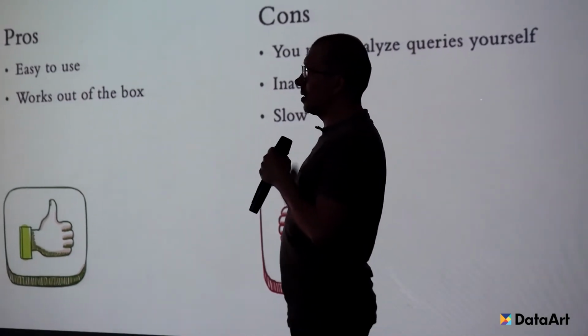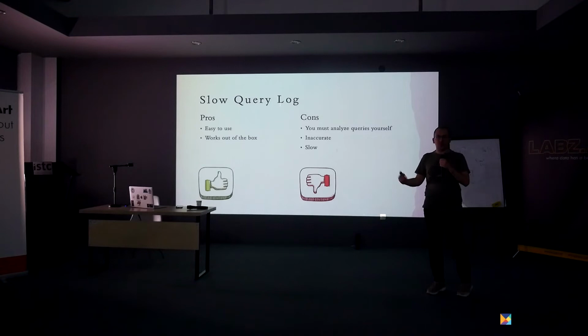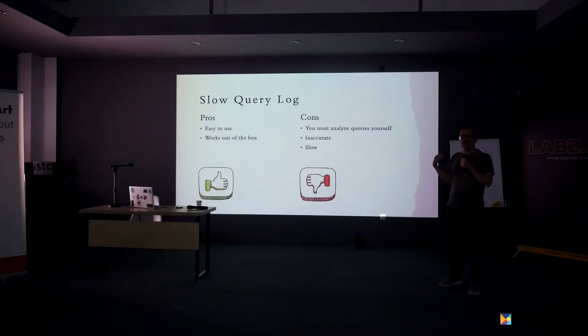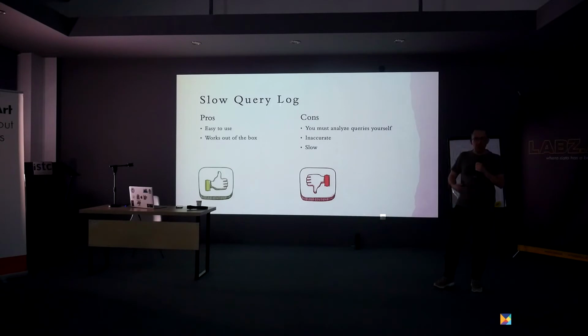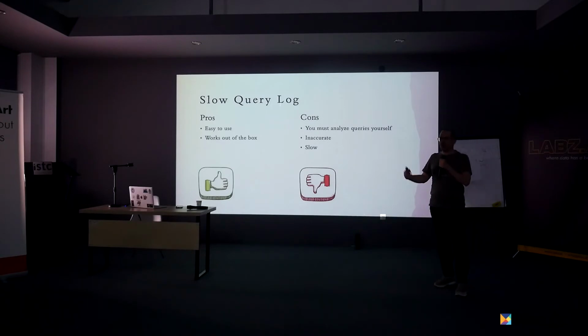So debugging performance problems was not very easy, and we knew that it was some problem with our Postgres. The first thing that you do when you want to understand what's wrong with your Postgres is, of course, open your logs and go through them to find the problem.